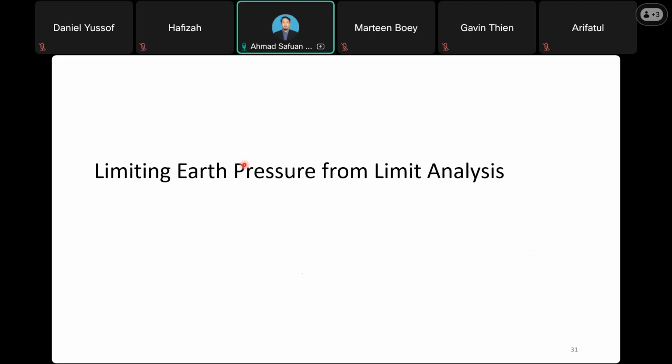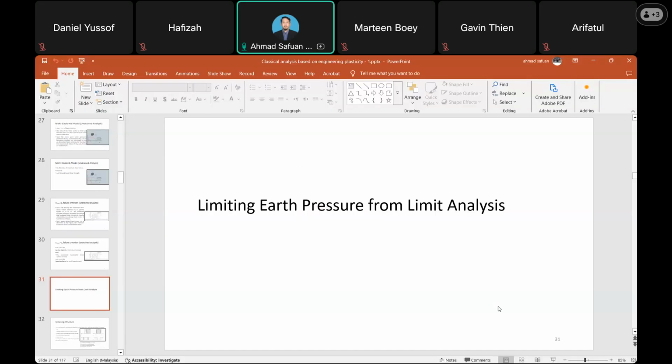Okay, so we move first to example number 1, which I already gave to you before. Look at example number 1. Can you see this?